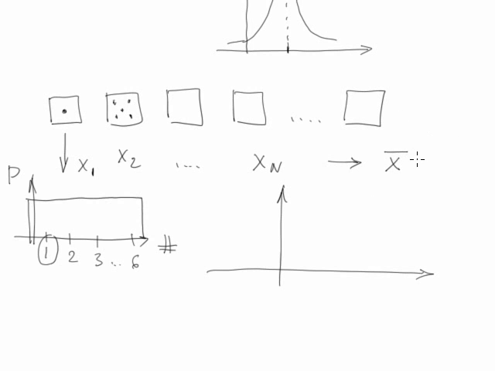So this average x will have a distribution, and if I look at this distribution, it's going to be Gaussian, or normal distribution. It will not depend on what is the distribution of this building block. Well, they are all the same, but it doesn't depend on how this building block is distributed.